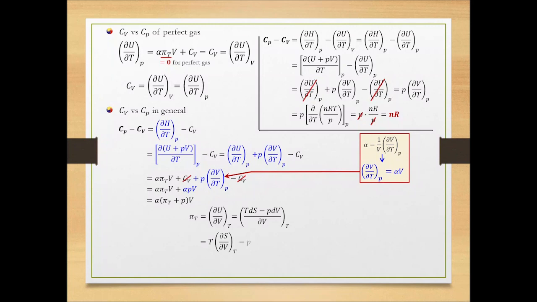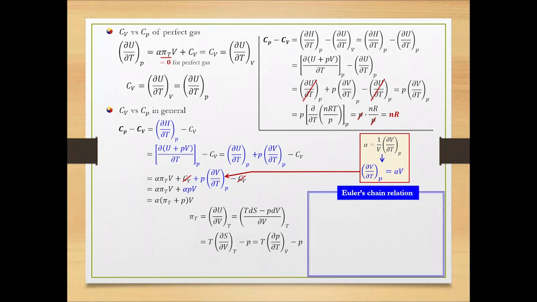This can be split into two terms: T times the first partial derivative of S with respect to V at constant T, minus P. Use the Maxwell relation and replace the derivative, and it will be T times the first partial derivative of P with respect to T at constant V, minus P.